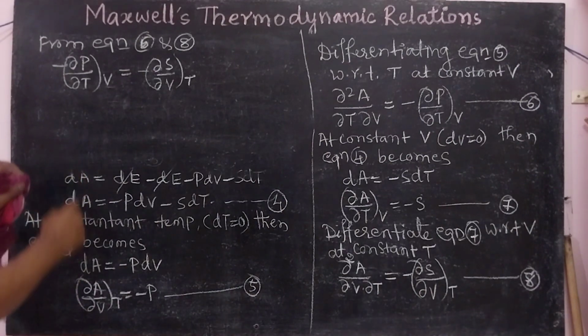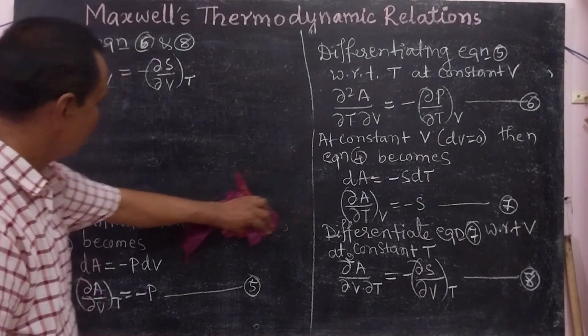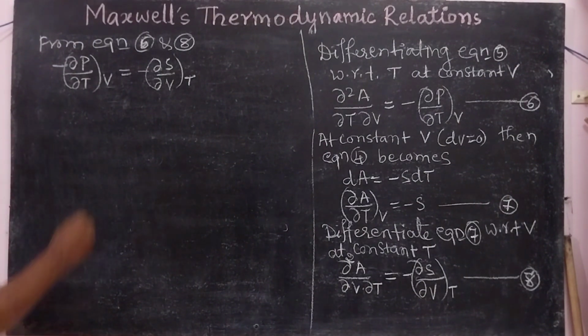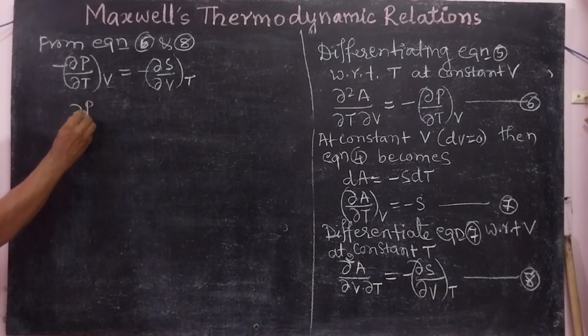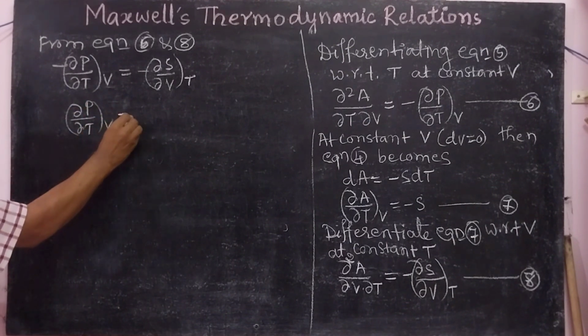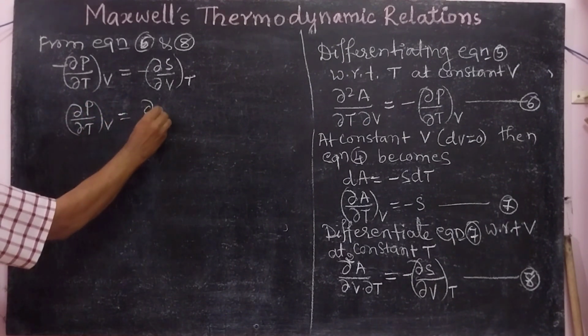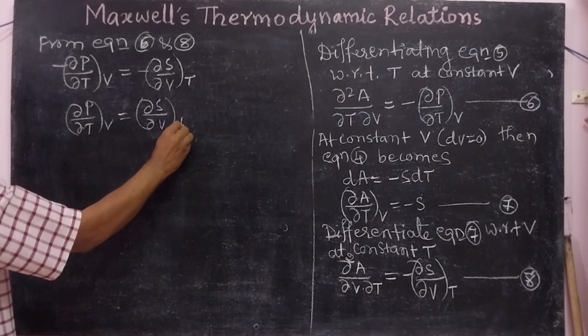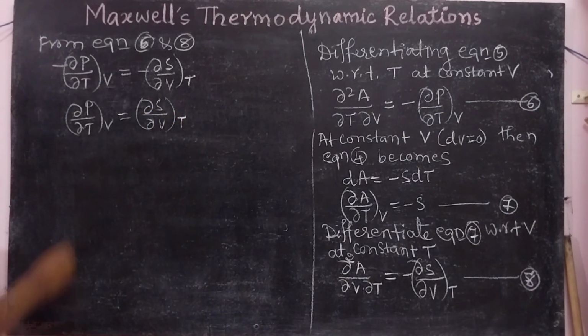Both are with the negative sign. Thus we can rearrange, that is ∂P divided by ∂T at constant volume is equal to ∂S divided by ∂V at constant temperature.